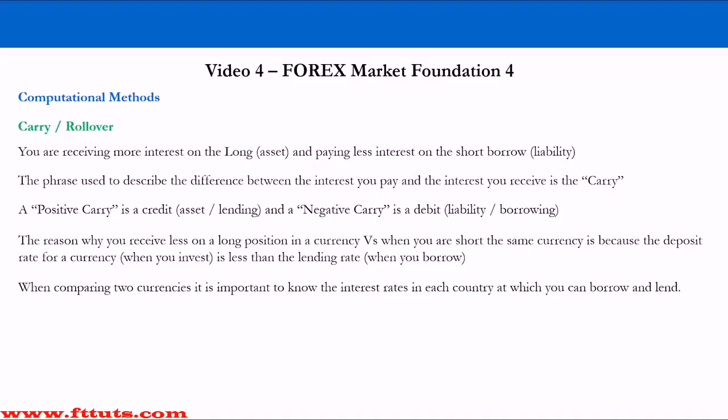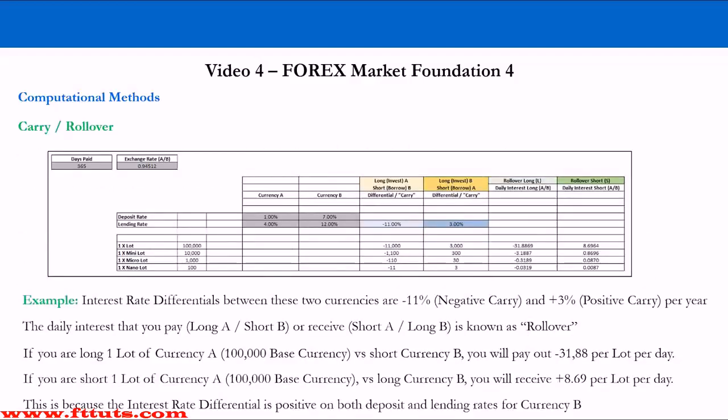So it's probably best if we actually go through an example here. And what we've got here is a table, and it's a carry or rollover table. And we'll go into Excel in a second, but basically what really matters here is what we call the interest rate differential.